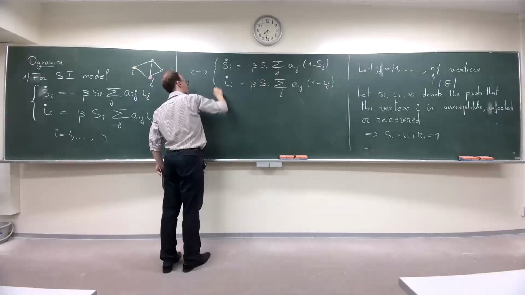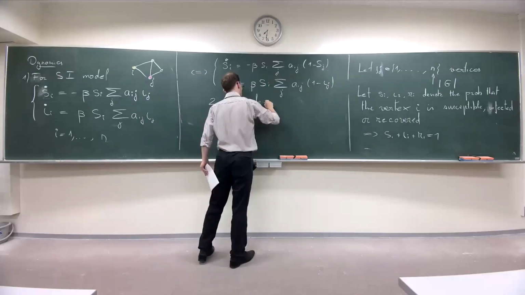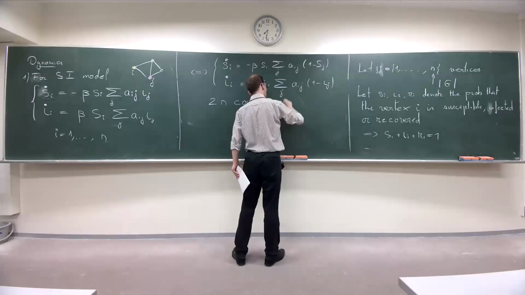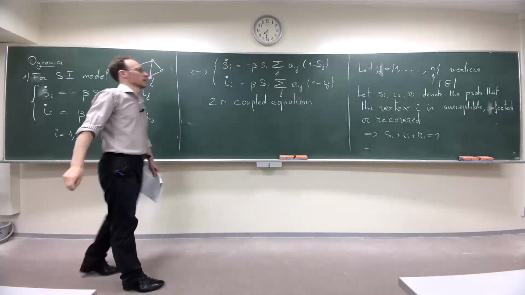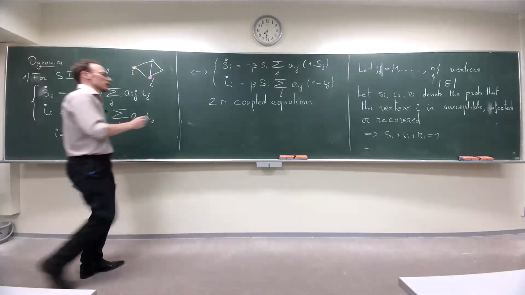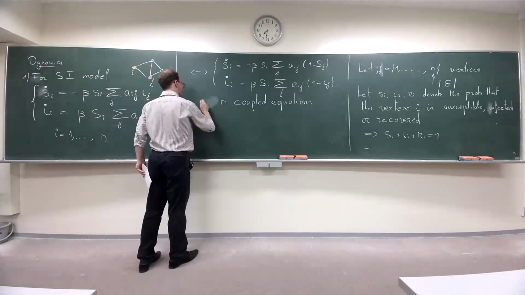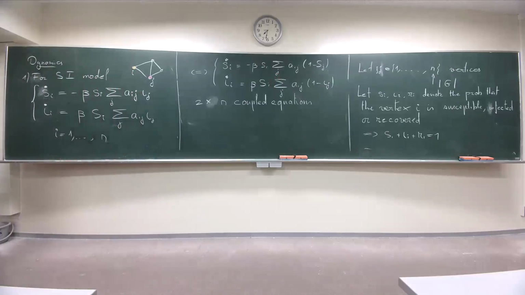Still, you have 2 times n coupled equations. You have a system of n equations involving only the S and a system of n equations containing only the iota. Still, it's not easy to solve it.